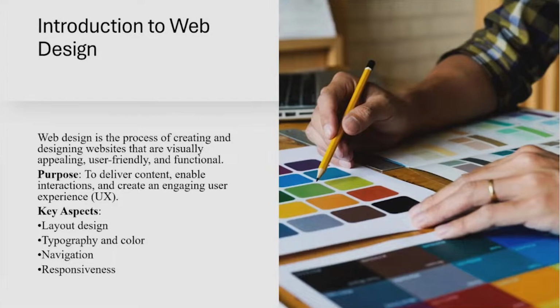Suppose take our university website. We have many departments and we need to navigate from one place to another. Suppose we would like to download the syllabus. You need to go to the academics section, and there you download the corresponding syllabus.